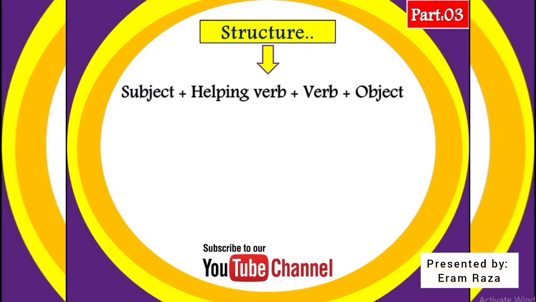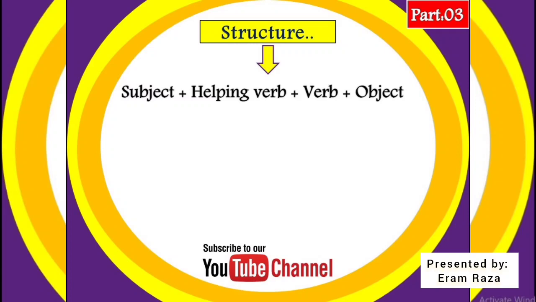Okay, so remember, we are talking about simple present tense. So this is simple present passive we are discussing. The structure is given on screen, so please check it and you have to memorize.